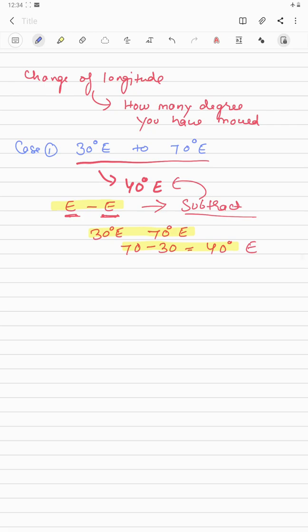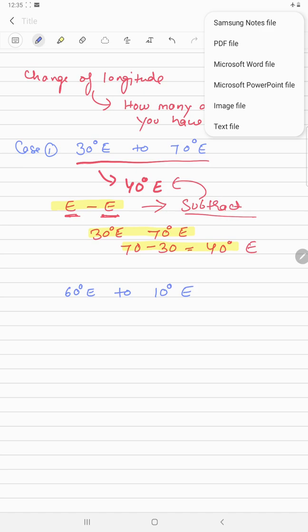So guys, now this was your easterly direction, right? So let me just take up a different example. Let's say we are moving from the 60 degree east longitude and we are going towards the 10 degree east longitude. So let me just get the diagram again for you guys so that I can explain.